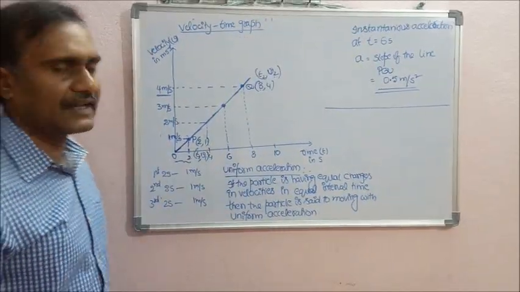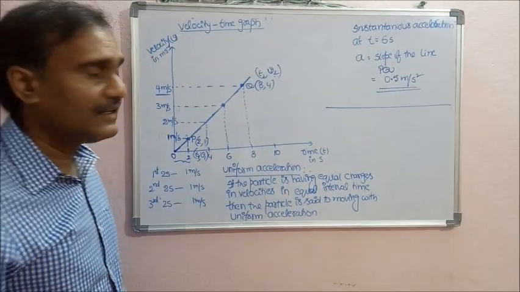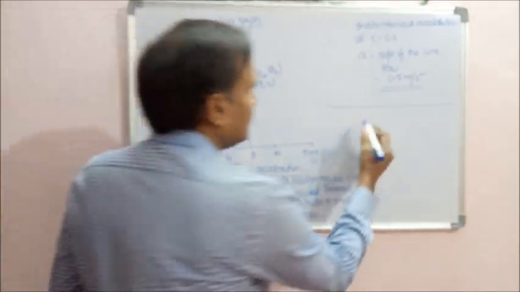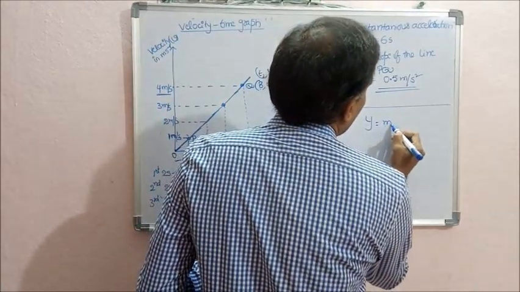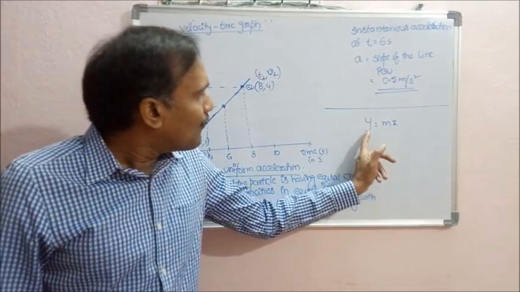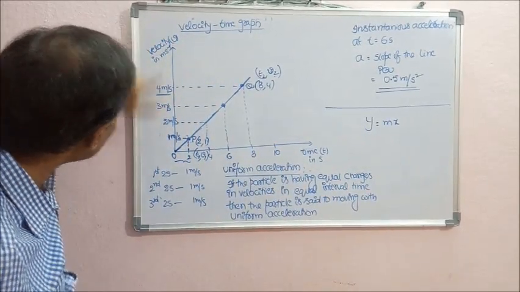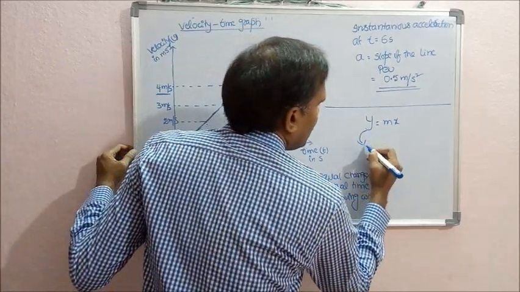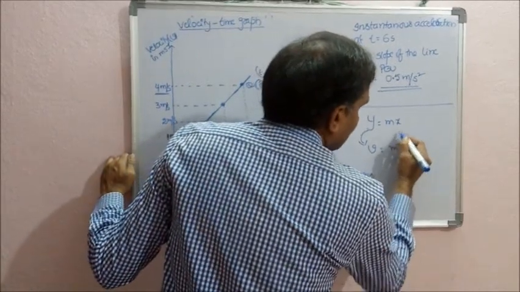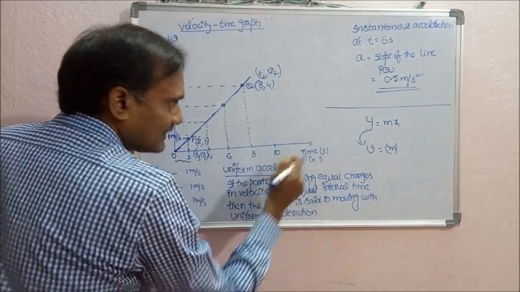Now you can observe this graph. If it is the y-axis and this is the x-axis, it is a straight line passing through the origin. The standard equation for it is y is equal to mx. Instead of y, we consider v, and instead of x, time t.